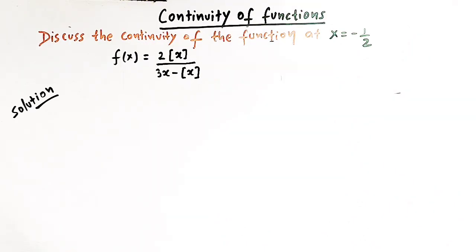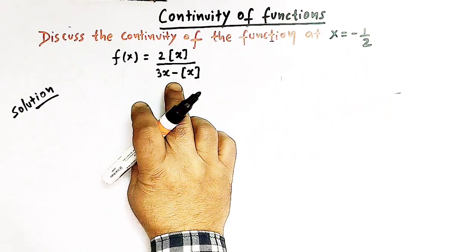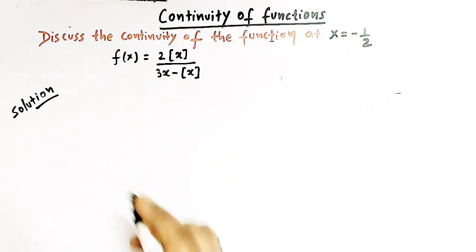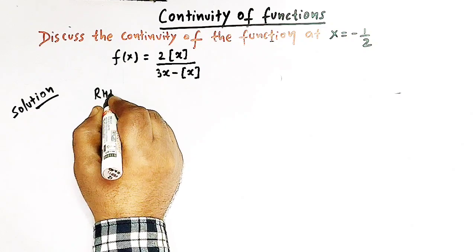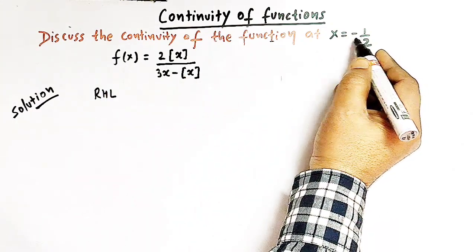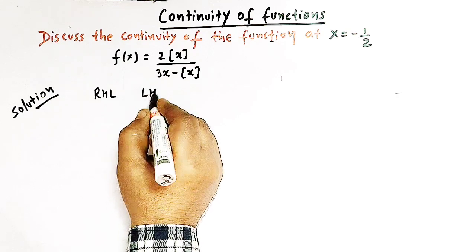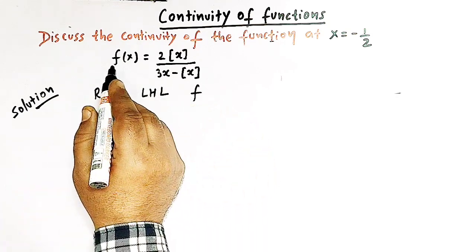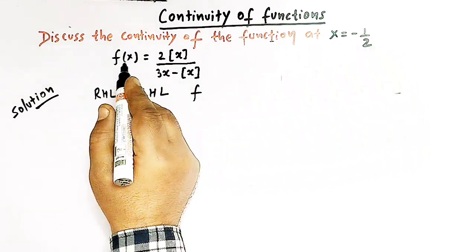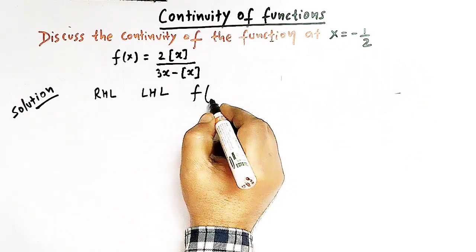So now to check the continuity of this function at x is equal to minus half, what we have to do, we have to find the right hand limit of this function at this point, that is x is equal to minus half, and then we'll find the left hand limit, and then we'll find out the value of this function at this point, that is minus half.